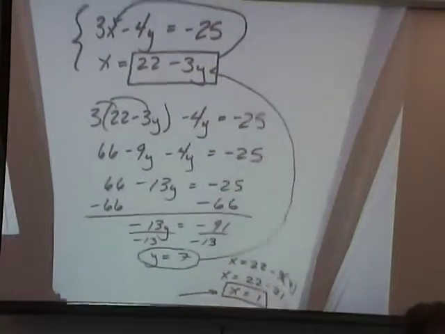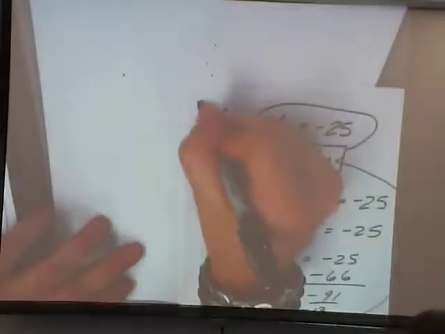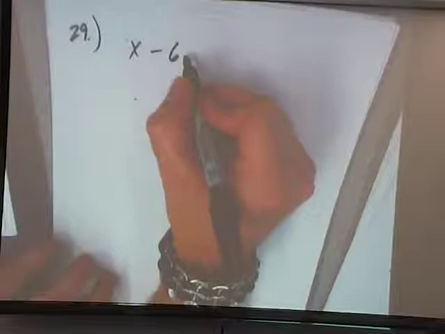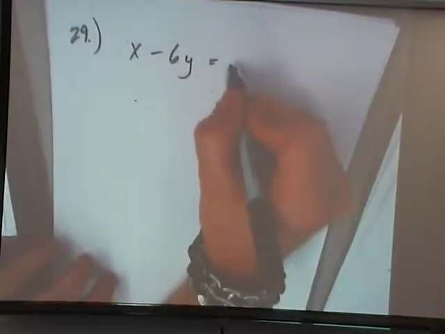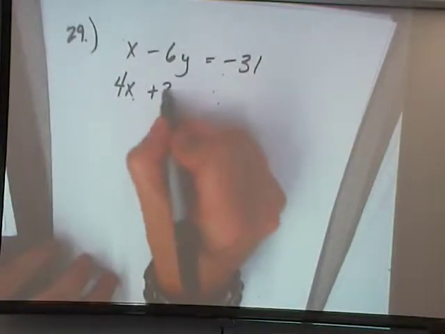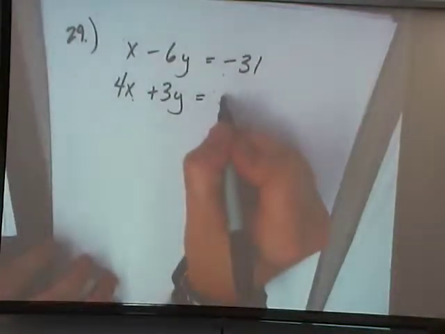Okay, 29. Determine the y-coordinate of the solution. x minus 6y is equal to negative 31. 4x plus 3y is equal to 11.